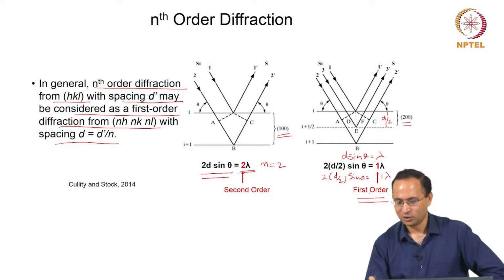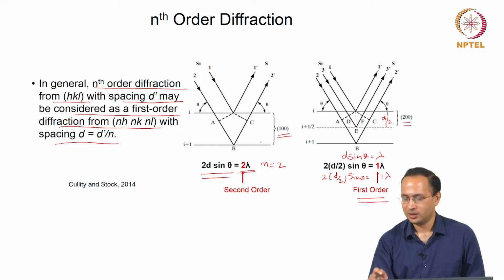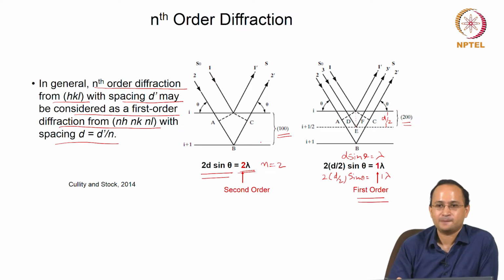So first order diffraction from 2 0 0, right, is equivalent to second order diffraction from HKL. Second order diffraction from 1 0 0 plane is equivalent to first order diffraction from 2 0 0 plane. Is it clear?